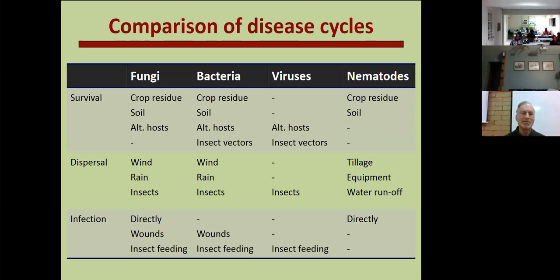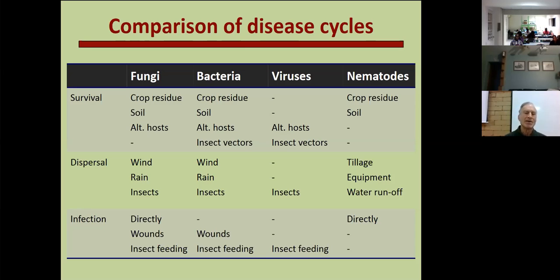So the cucumber beetle eats the squash plant and gets some of the bacteria inside of it, and it doesn't hurt the beetle. But the beetle survives through the winter. It moves from plant to plant, and that's how the bacteria survives until the next season, the next time it can infect the plant. So in that case, the insect also is the dispersal mechanism for the bacteria.